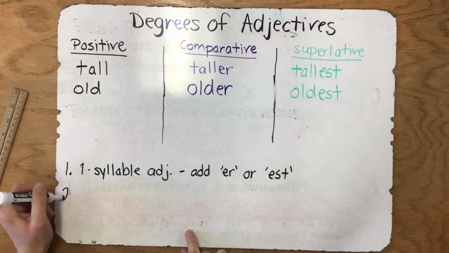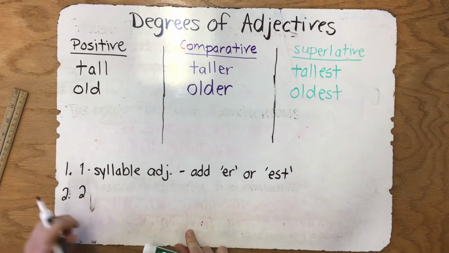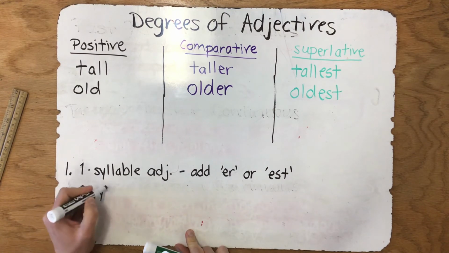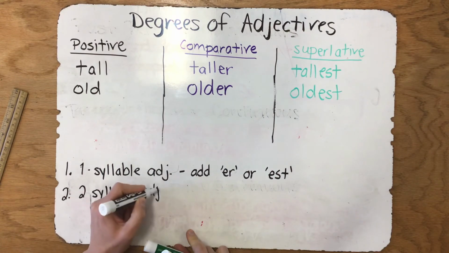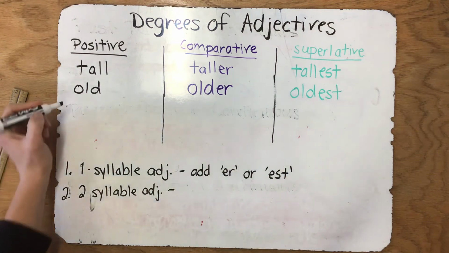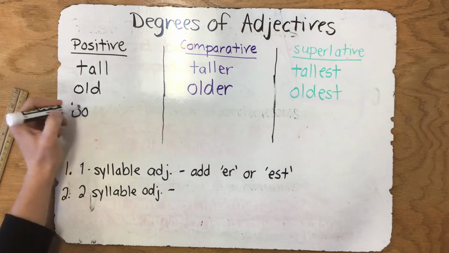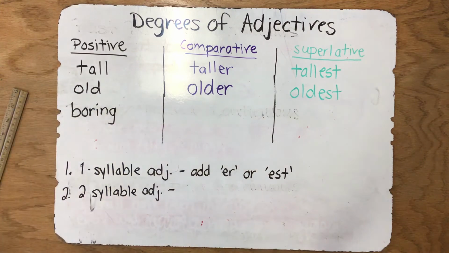If we have a two-syllable word, the rules change. Let's say we had the word boring. Some of you might use this word on a regular basis. The word boring is 2 syllables.